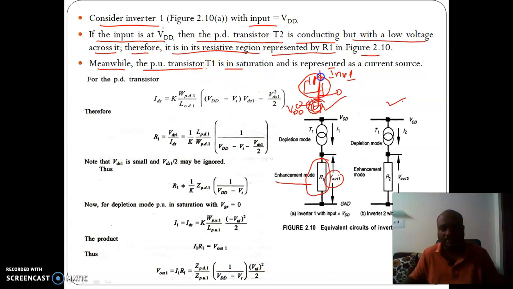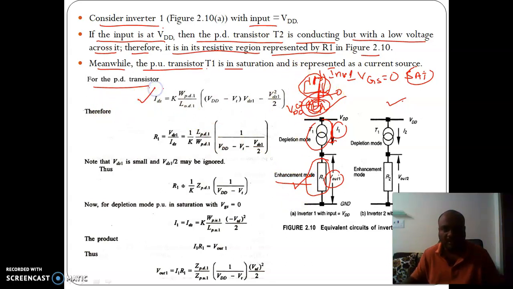We know it will always be in saturation, because VGS equal to 0 makes a depletion mode transistor go into saturation always. It is represented as a current source, and a current I1 flows through this depletion mode transistor.